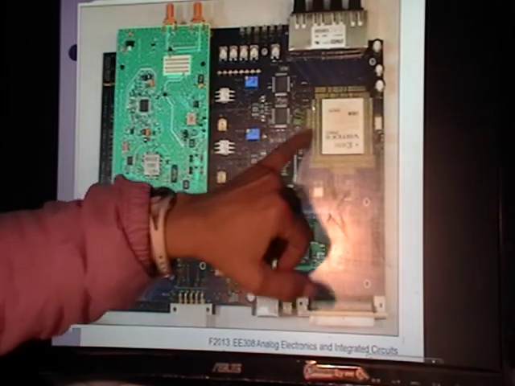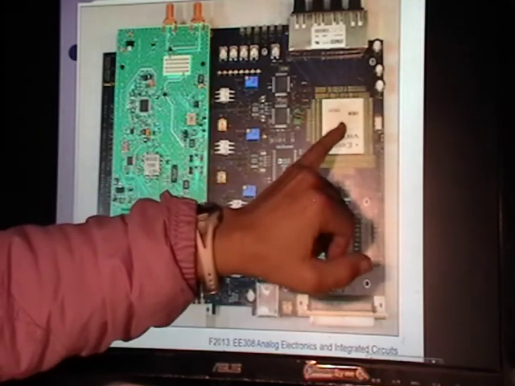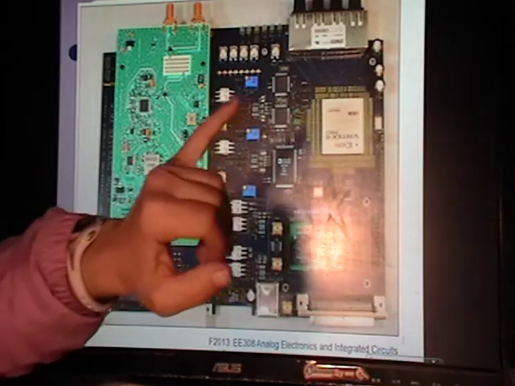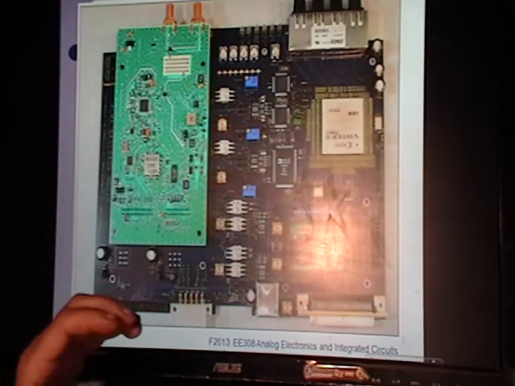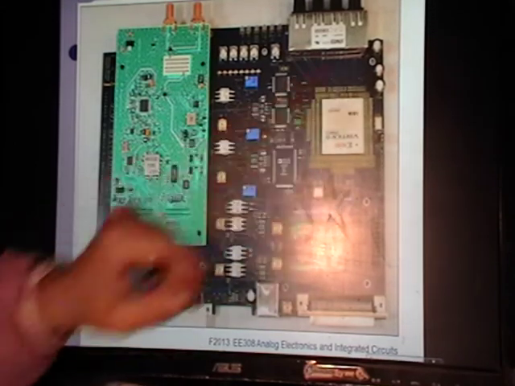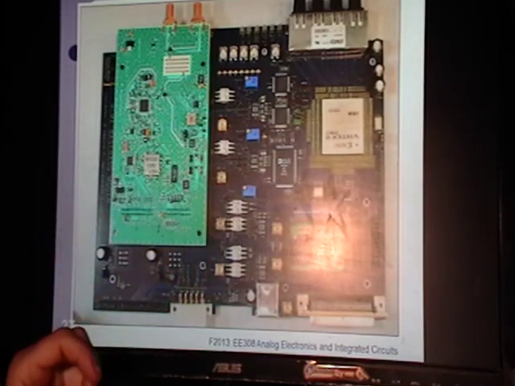It was so noisy that in order to keep VDD and ground quiet enough for even the chip to work, we needed this many capacitors. And there are capacitors on the bottom too. These are all surface mount capacitors.